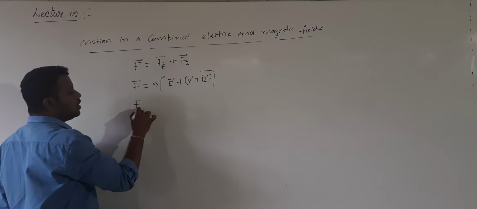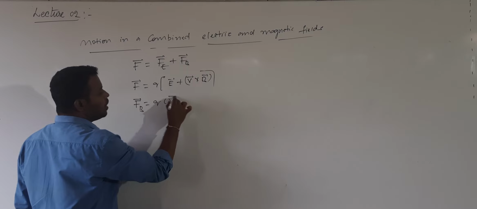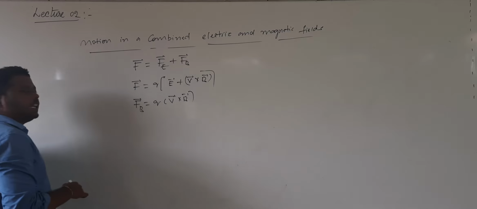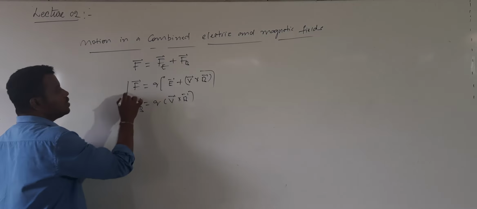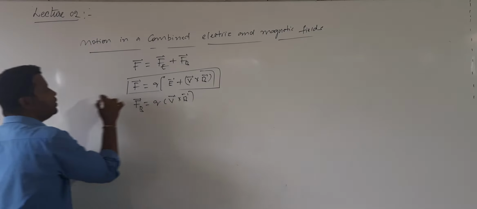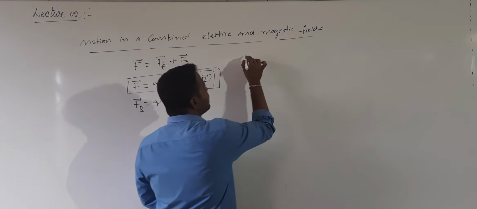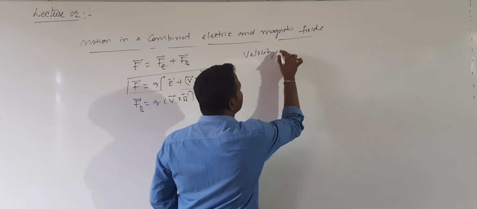Magnetic force acting on a charge is given by Q into V bar cross B bar. The direction of this magnetic force is given by Fleming's left hand rule. So this force is called as what? Lorentz force. Now based on this topic only, today we will discuss velocity selector.